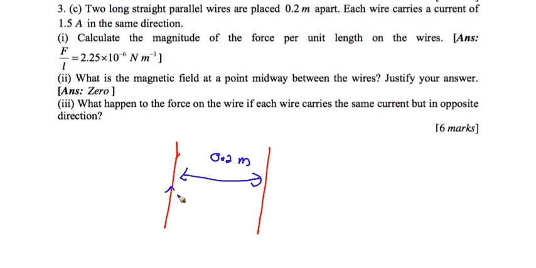Let's say the direction is upward; this is I1, current 1, and this is I2, both 1.5 ampere, in the same direction, upward, right?